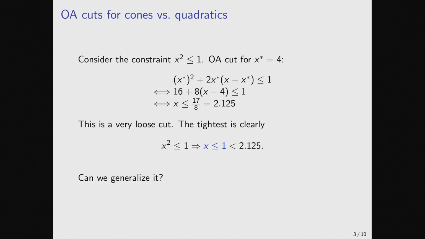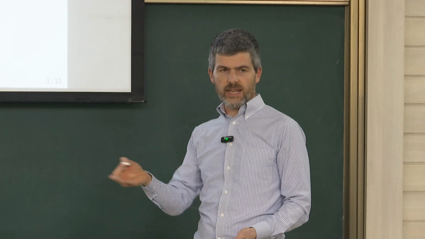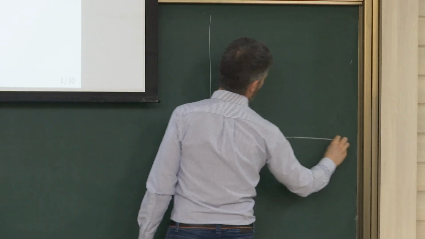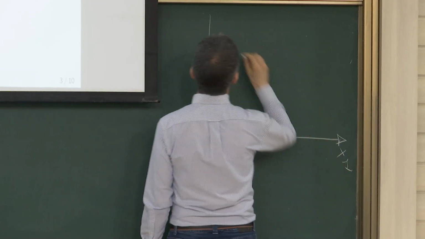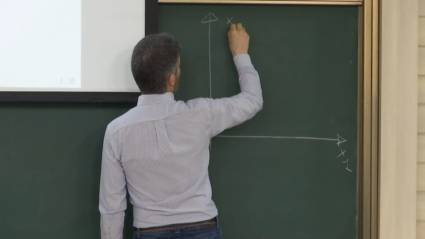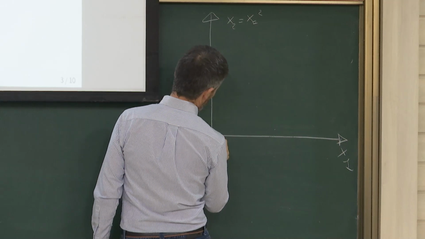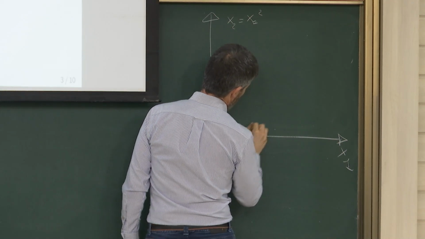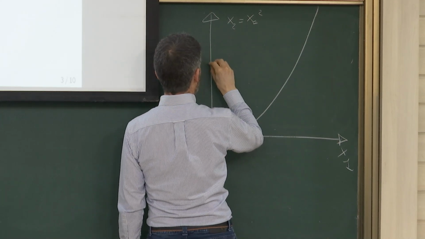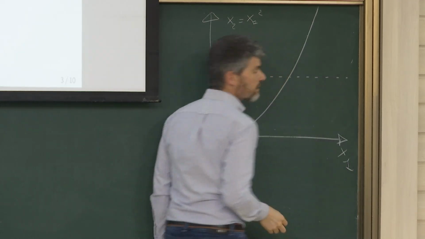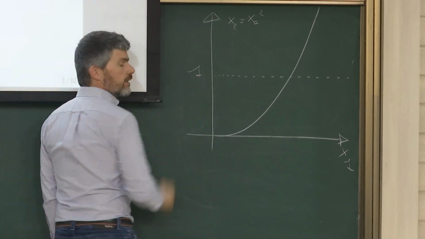It's trivial to see that x squared less or equal than 1 obviously implies that x is less or equal than 1. So what happened here? Something very easy happened. If this is x2 equals x1 squared, or not really matter, this is the square function, and this is 1.